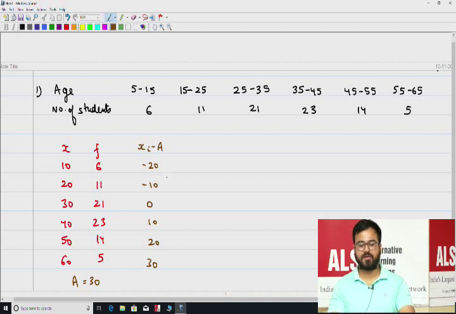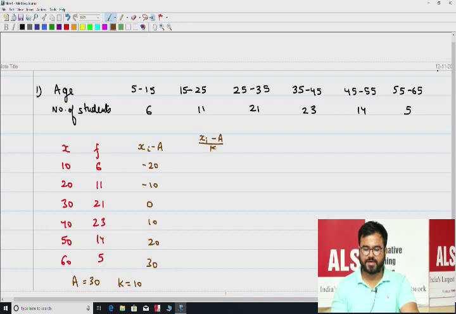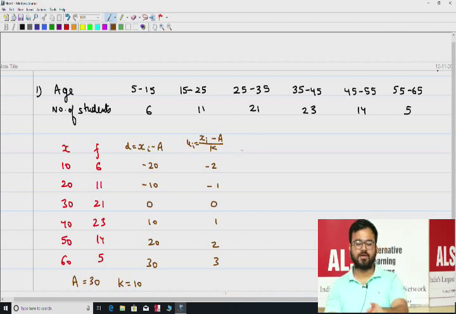And we can divide them by some value also. Let us say that k value is, let us say, divided by 10. So what we will write over here, xi minus A divided by k, dividing by 10. So minus 2, minus 1, 0, 1, 2, 3. Now we can multiply, and let us say this one is u and this one is d. So let us say now we will multiply the ui into fi.